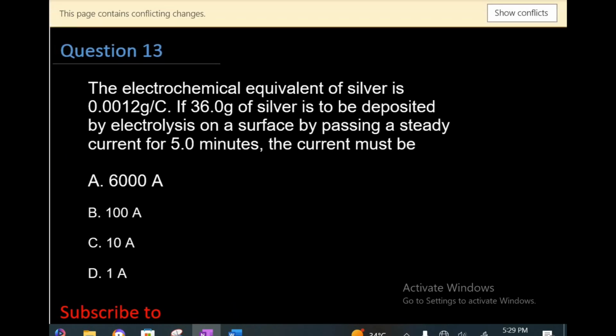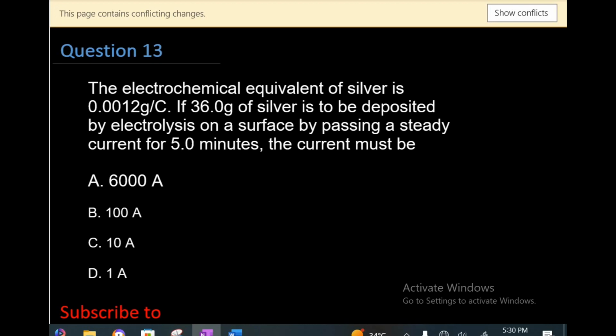Question 13 says the electrochemical equivalent of silver is 0.0012 grams per coulomb. If 36.0 grams of silver is to be deposited by electrolysis on a surface by passing a steady current for 5 minutes, the current must be... Okay, so this question is asking for current. So we can write down the given data here.